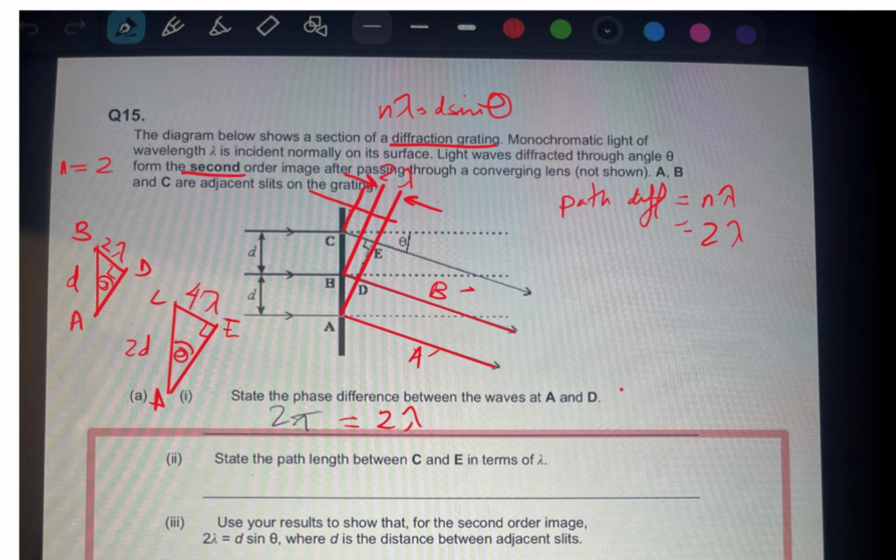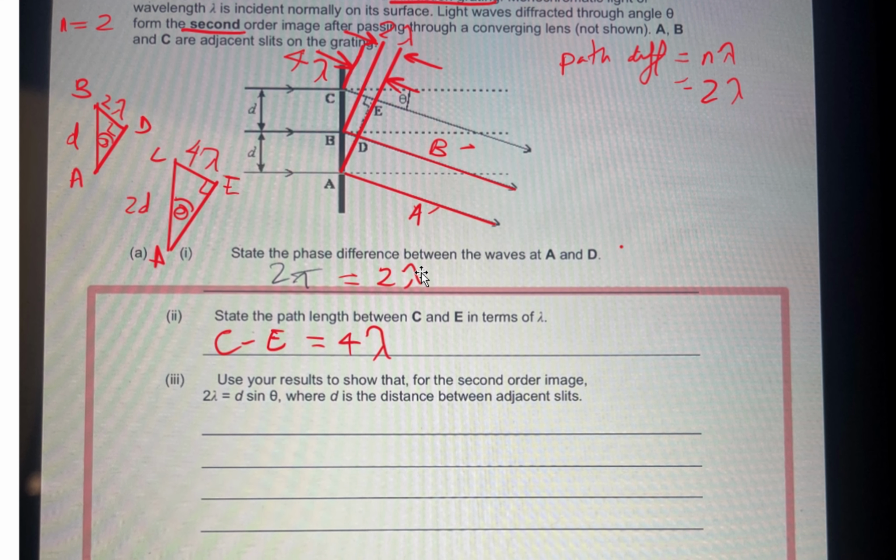This distance here must be 4 lambda, because it's double the distance of BD, or if you just look at simple triangles. So C to E must be equal to 4 lambda. That's the first thing. Hopefully that makes sense.